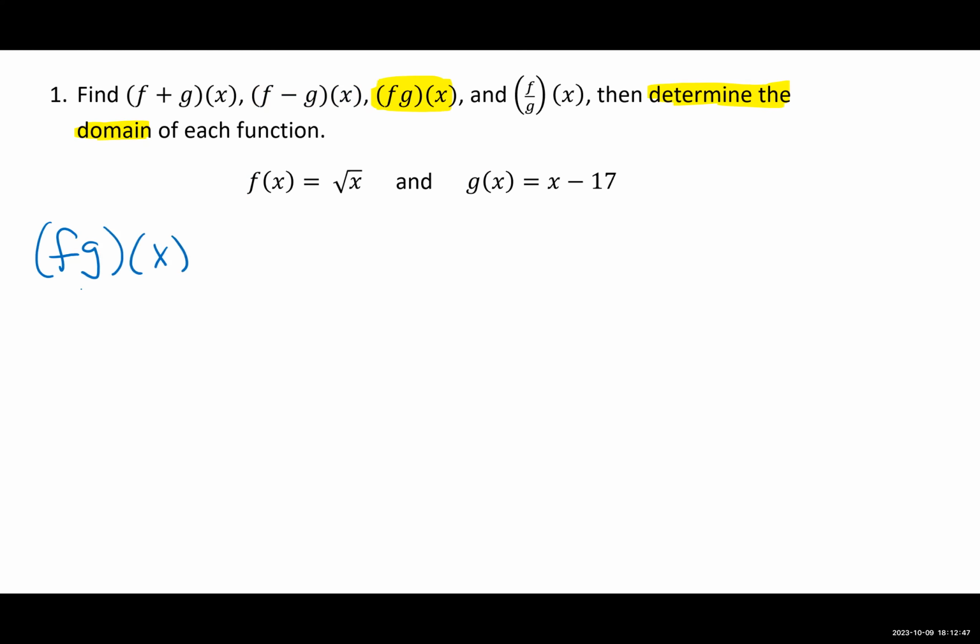Okay, so this is read f times g of x, and this is equal to f of x times g of x. Okay, this is the formal way of writing it. This is the one that I think makes more sense looking at it, the f of x dot g of x, or f of x times g of x. So that's f of x, and we're multiplying that by the g of x function.